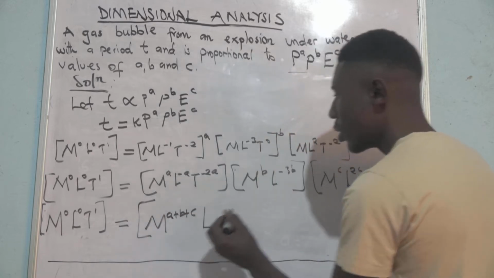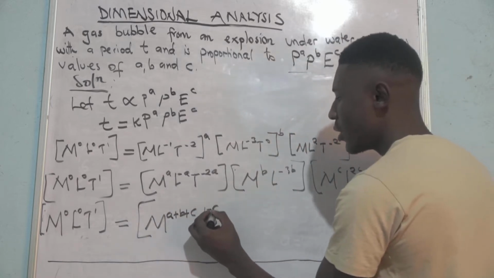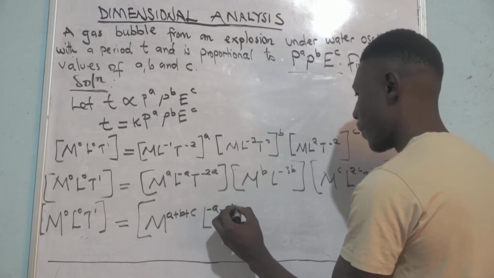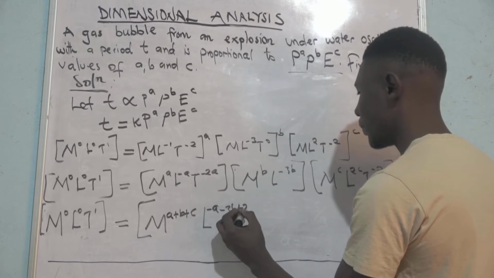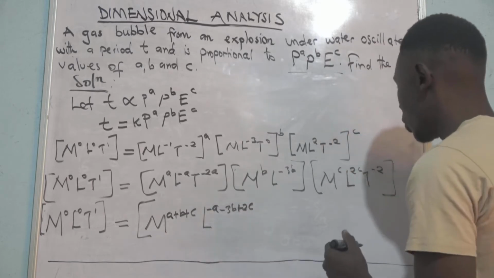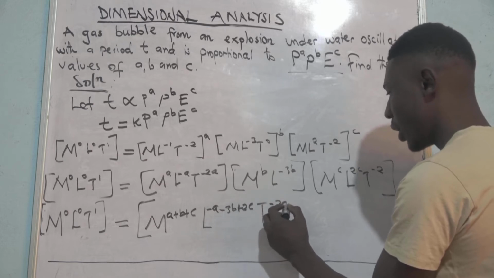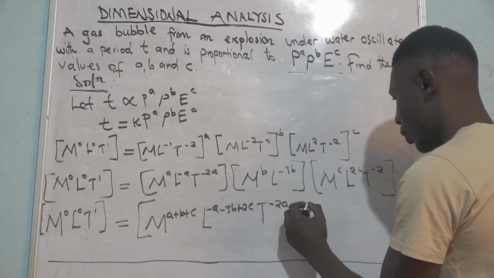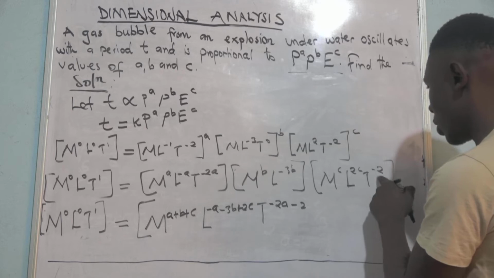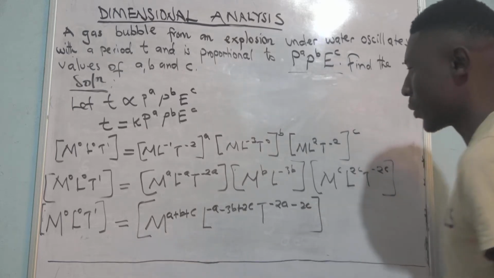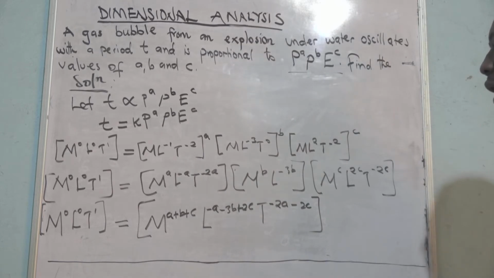Then L to the power negative a minus 3b plus 2c. Then time, T to the power negative 2a minus 2c. So that's what we have.